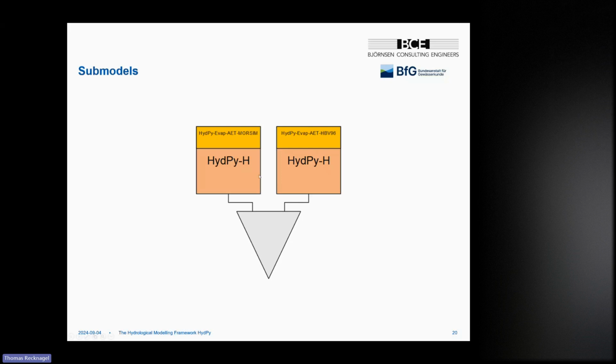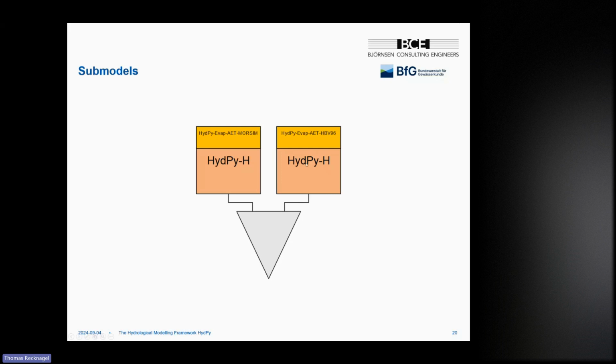So we thought it's a good idea not to program the functions that calculate evapotranspiration separately for HydPy-H and HydPy-L, but to reuse them. So you can couple submodels to such processes.